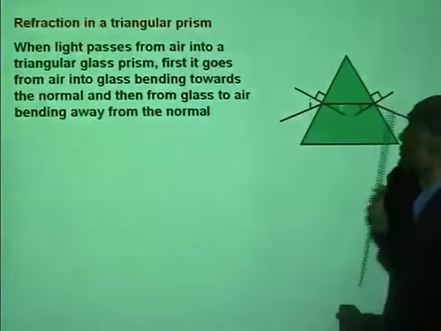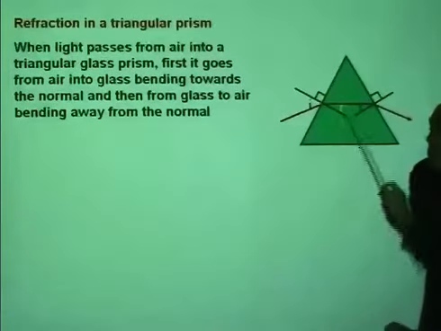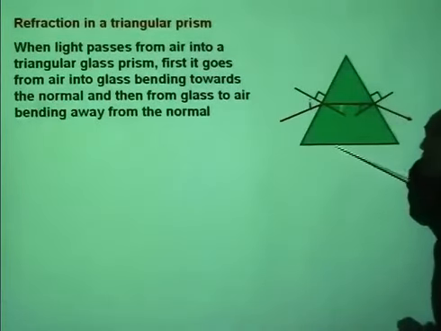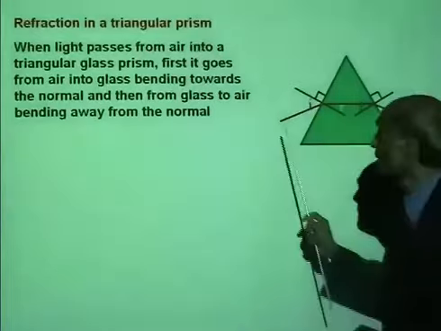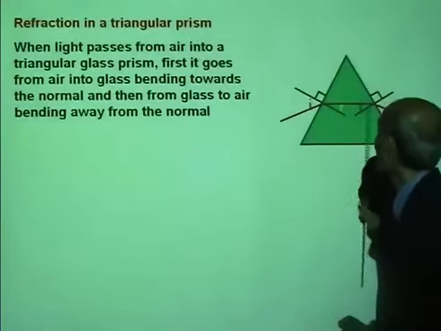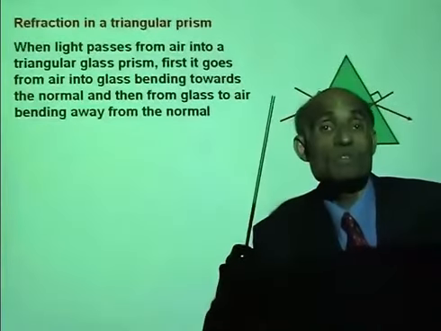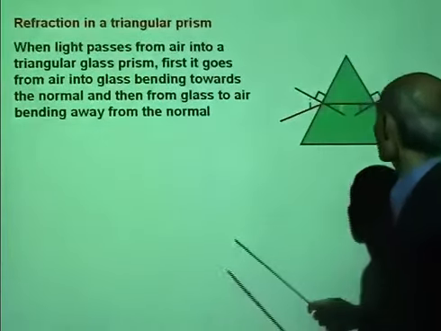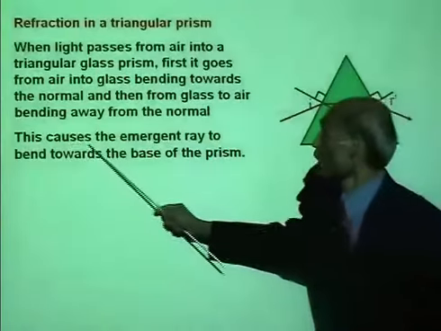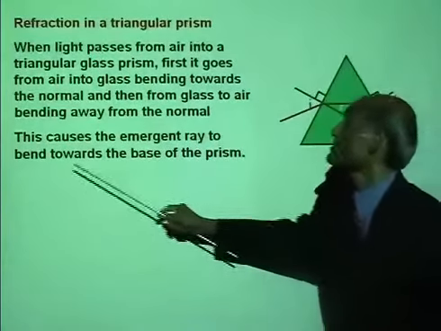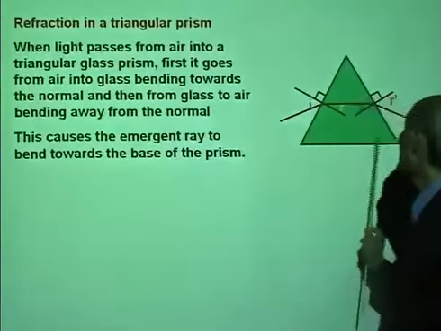It bends twice. And as a result, you can see it bends towards the base. If the ray goes in like that, the emerging ray is now coming towards the base. This causes the emerging ray to bend towards the base of the prism.